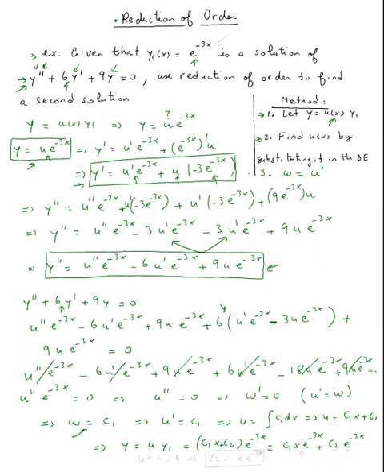We want a solution that's independent of y1. So we can't use e to the negative 3x, so we have to use this term. So basically we let c1 equal 1. Therefore y2 will be equal to x e to the negative 3x, and you're done. So the solution will be x e to the negative 3x, and that's it.